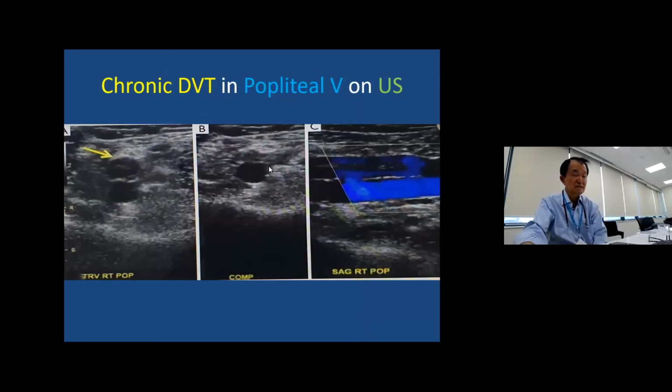Popliteal is behind the knee. Again, it's chronic deep vein thrombosis, with some clots here. Ultrasound certainly is very helpful, but depends on the operator's experience and position. And you can only show some clot, blockage, but you can't tell whether it's acute or chronic, that kind of thing, as I mentioned earlier.